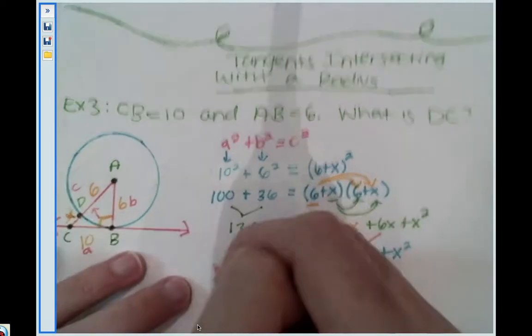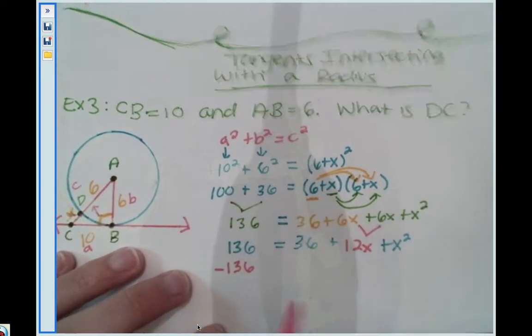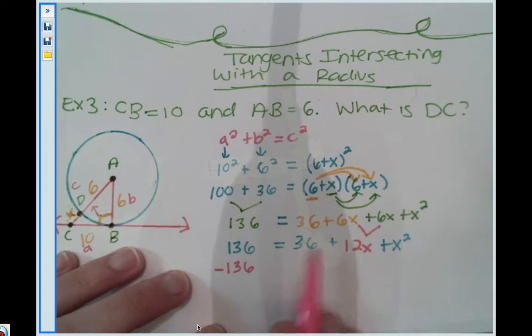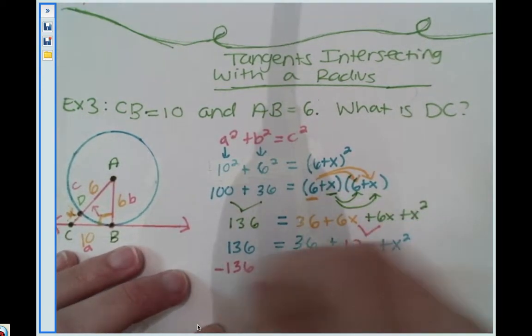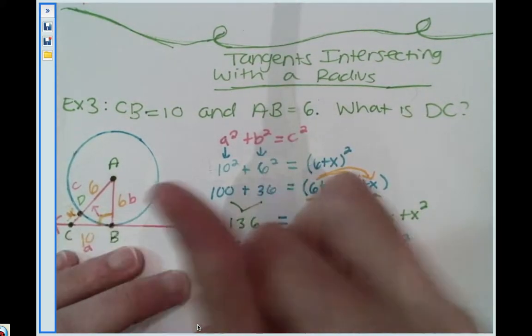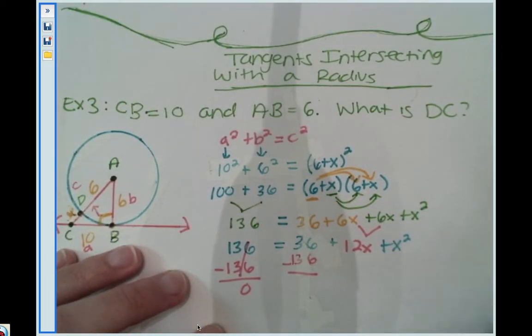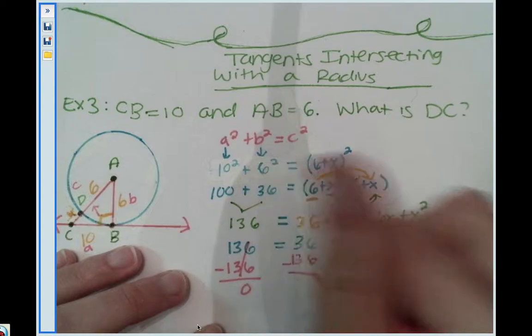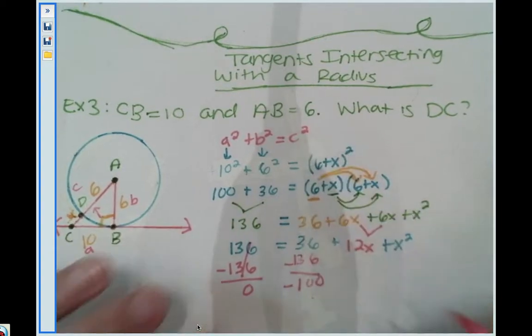Nice. I'm going to subtract it to its like term over here. Which one of these terms is the like term to 136? It is 36, so I'm going to subtract it from 36. So 136 minus 136 cancels and turns to 0, and 36 minus 136 is negative 100.